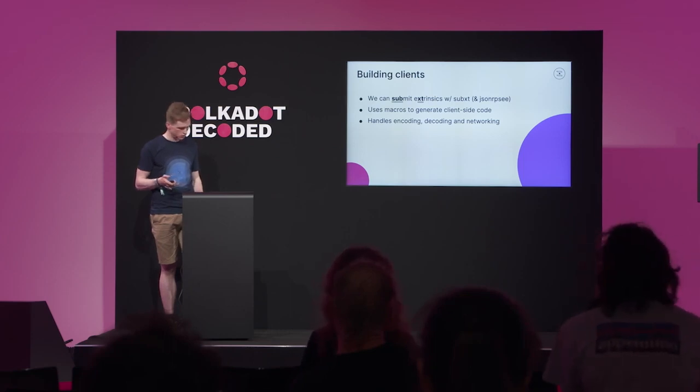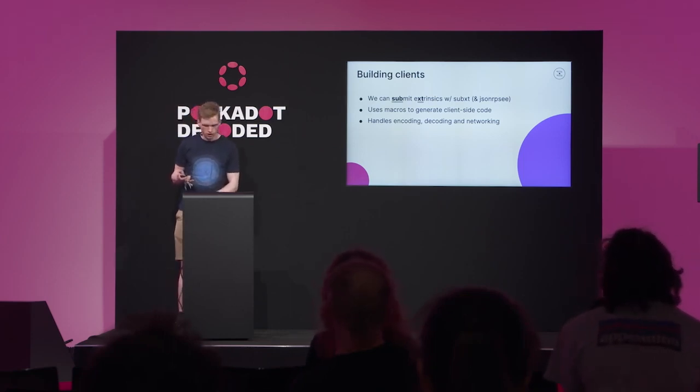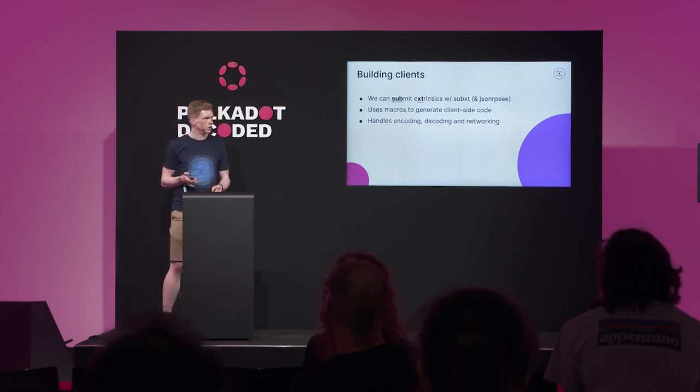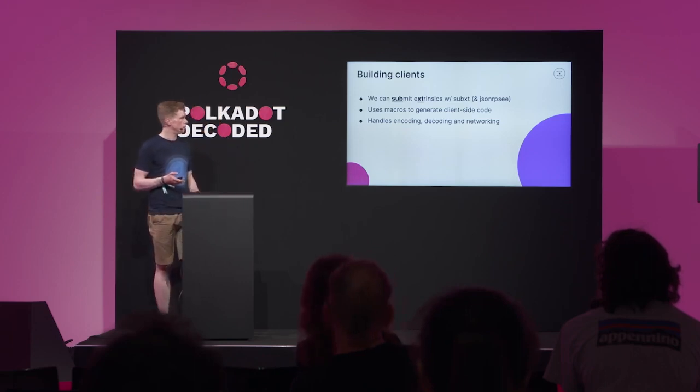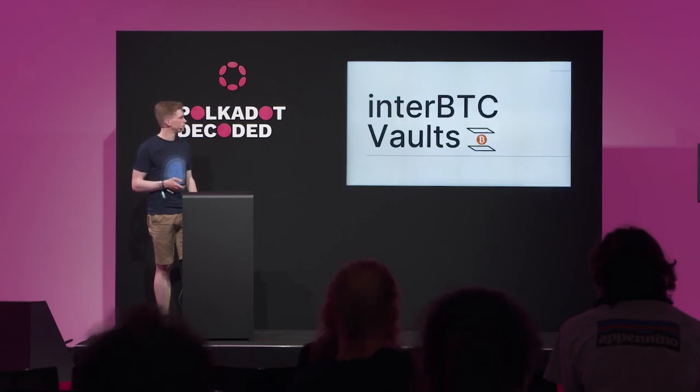For this we use procedural macros, and we can then build that at compile time and assert that the structure of the node we interact with is as we expect it. In addition to this, it handles all the encoding, decoding, and networking, so it takes away any rough edges there for client-side developers.